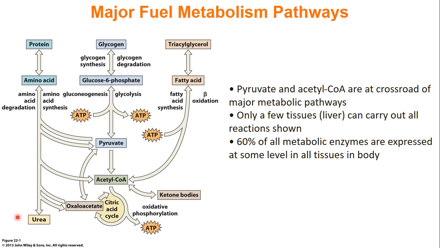Now for all of the pathways shown here, only a few tissues, like the liver, will do all those reactions. Other tissues, other organs will only do some of these reactions. However, roughly 60% of all the metabolic enzymes that we know of are expressed at some level in the tissues in the body.